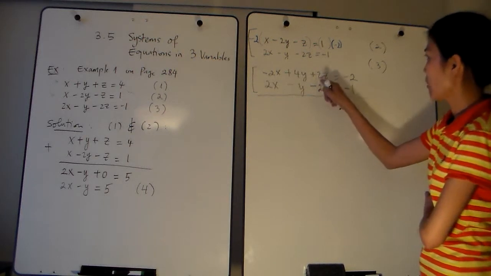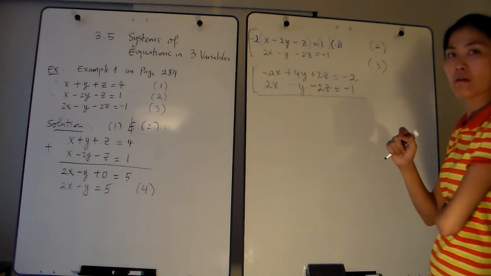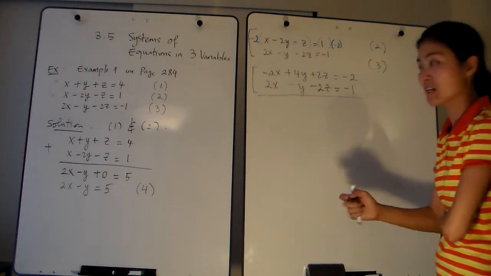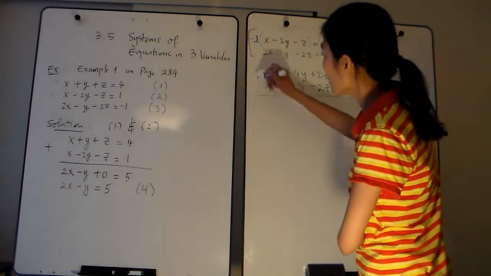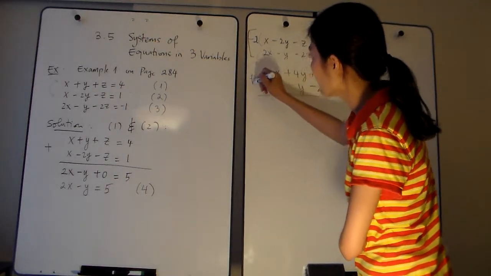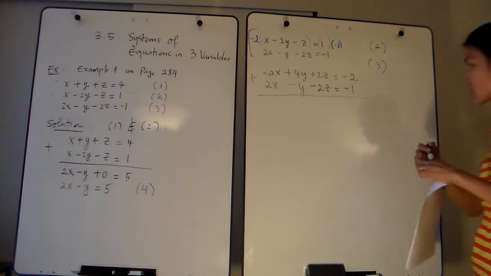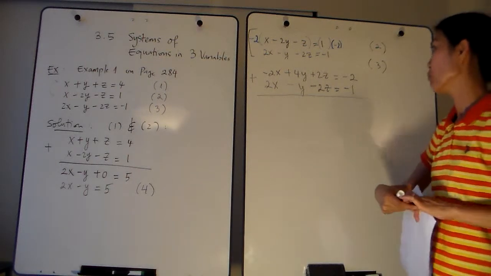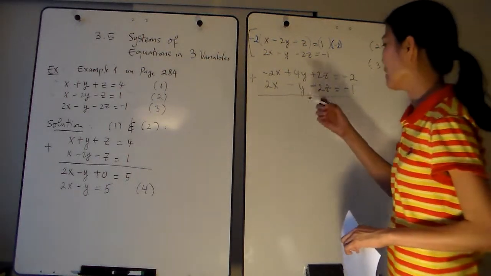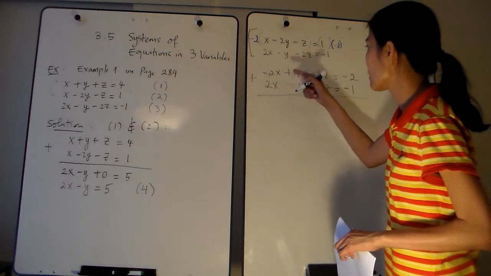Look at that. Positive 2, negative 2. Same value, opposite sign. That means when you add the two equations, the variable z will be eliminated. Alright, let's add them. Negative 2x plus 2x.